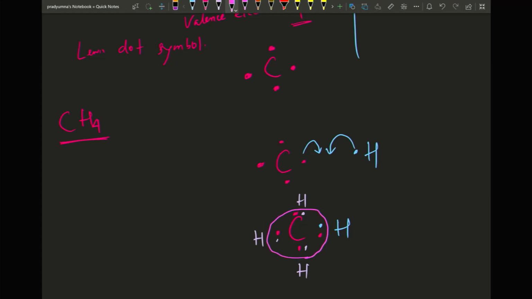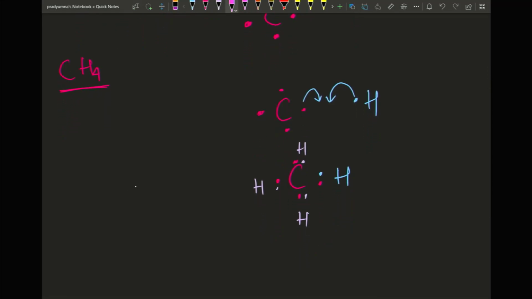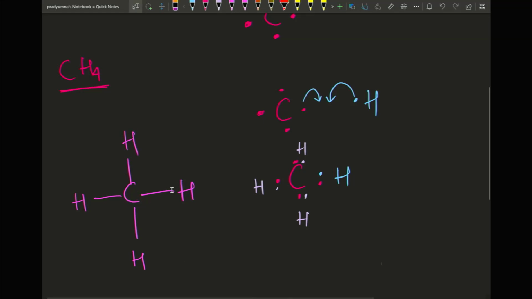That's the rule of octet, right? It needs to have 8 electrons to be happy. So carbon is right now making 4 bonds with hydrogens.